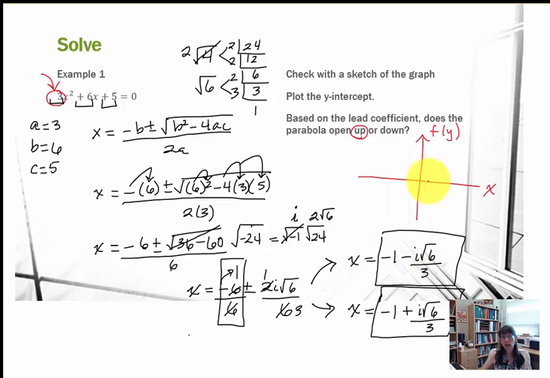It would be quick to find the y-intercept for this problem, because if we let x equal 0, the first and second terms are eliminated. We're left with 5. So that tells us (0, 5) is the y-intercept. So if there's (0, 5), and we know that this parabola does not cross the x-axis, then I can go ahead and sketch a graph of this parabola, not touching the x-axis.